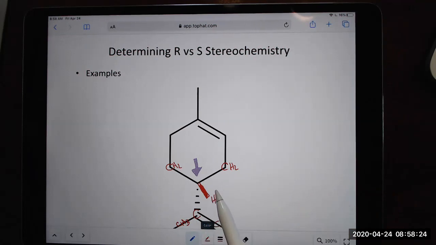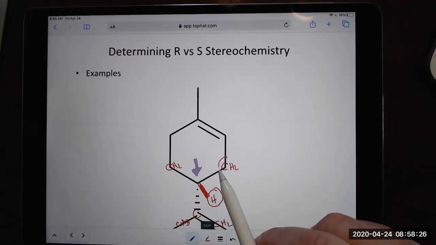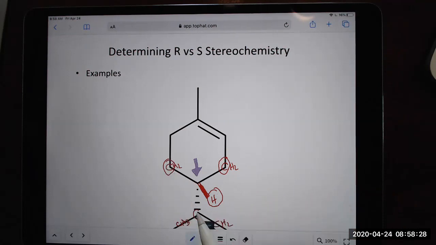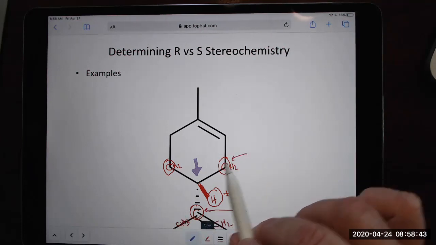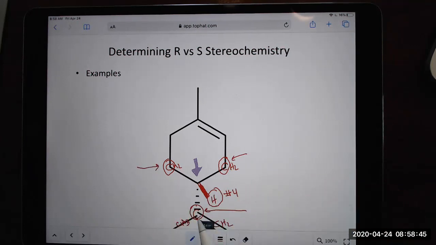So what we're going to do is compare hydrogen, carbon, carbon, carbon. The carbons are heavier than hydrogen, so we can automatically set the hydrogen as number 4. But the problem is there are ties, so we're going to look at this here, here, and here. This one has 4 carbon-carbon bonds.